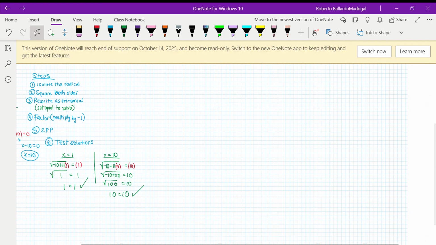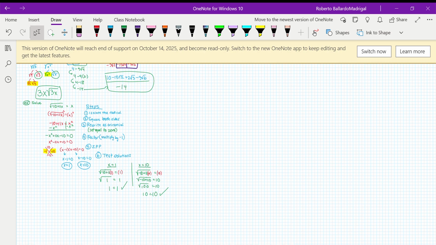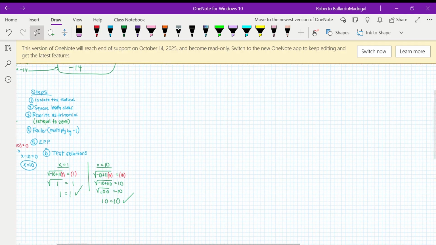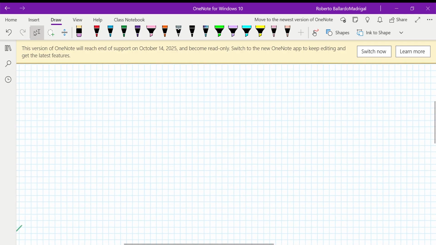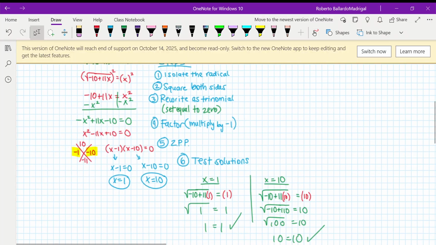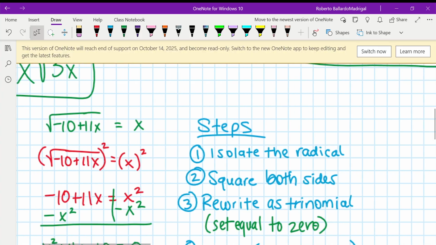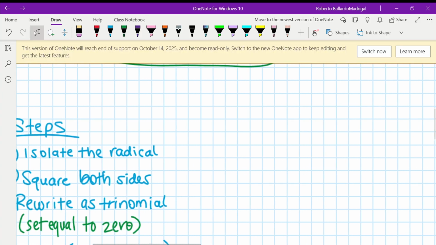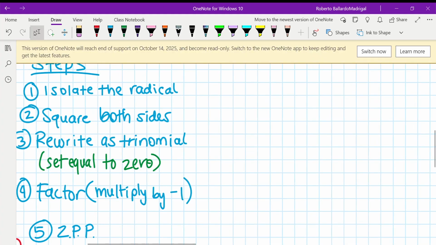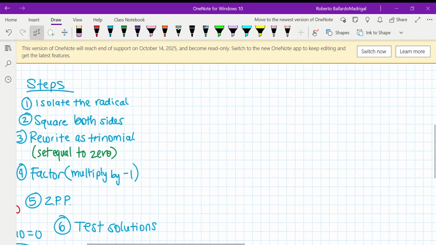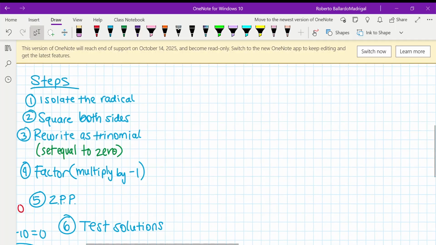So let's move on to the next part. I'll do it here on the side. So I'll do it here on this side, so that way I don't have to rewrite the steps.